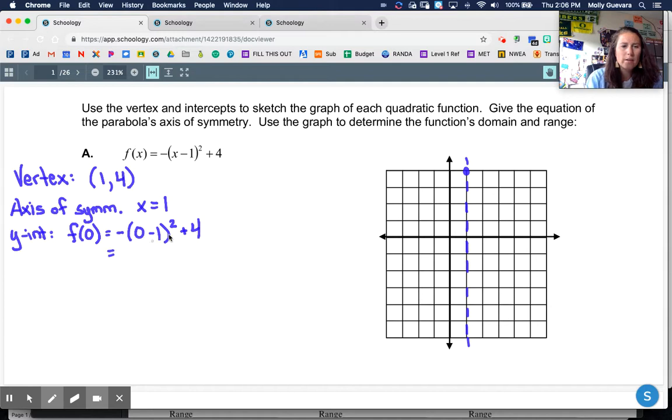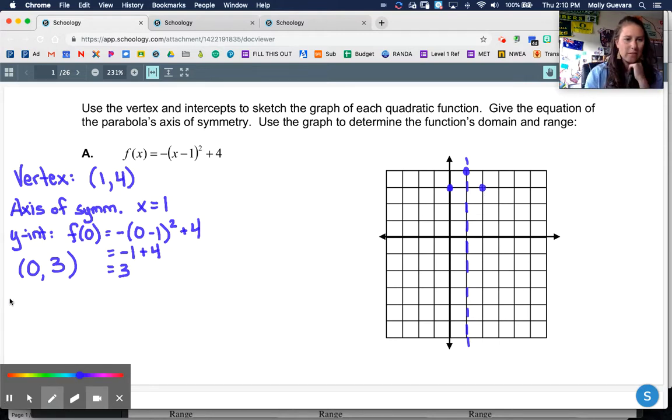Negative 1 squared is 1, but I have this negative here, so it's negative 1 plus 4, which is 3. So my y-intercept is at the point 0, 3, because your x is 0. I can plot that here, and because parabolas are symmetrical, I can plot it on the other side as well.